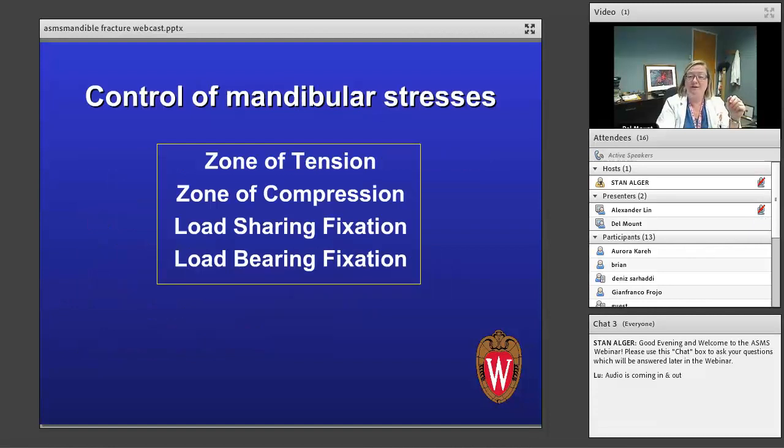So let's go over what the mandibular stressors or the zones are that we need to fully understand to do an adequate job. So there's a zone of tension, a zone of compression, and then, as I had mentioned before, we'll talk a little bit about how the reduction can be load-sharing fixation or a load-bearing type of fixation.